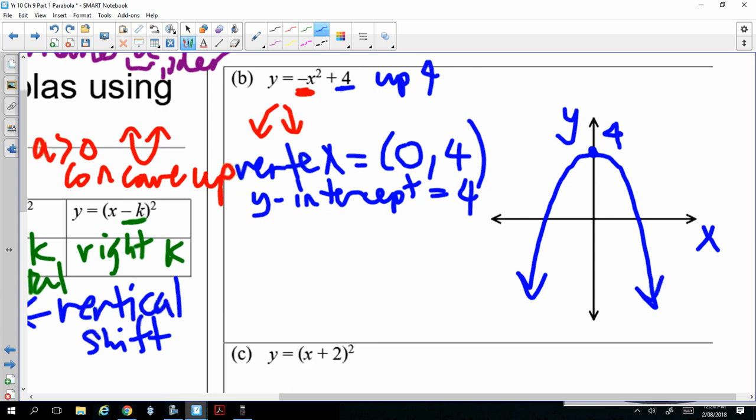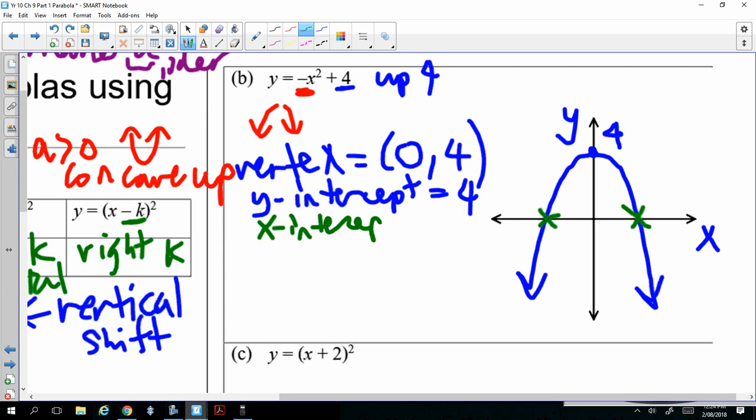Now before I continue, the question didn't ask for x-intercept, but it's good to find out what they are, and it's not hard to find out. So how do you work it out? You put y equal to 0, see what equation you get. You get 0 equal to negative x squared plus 4.